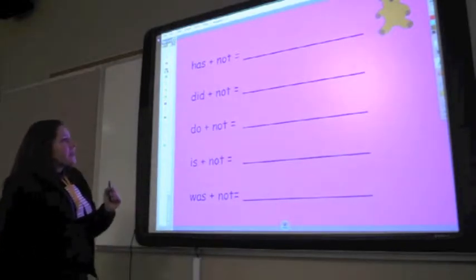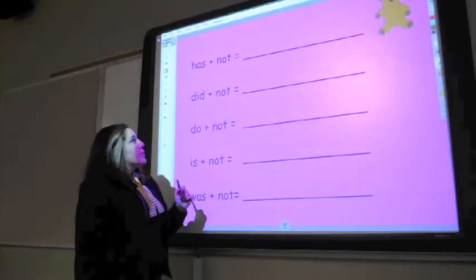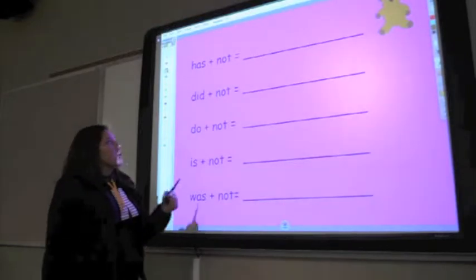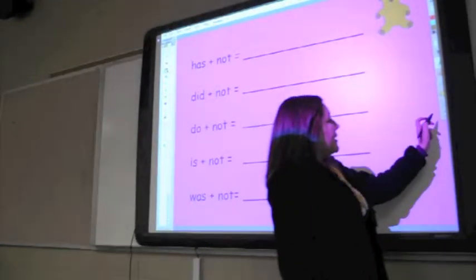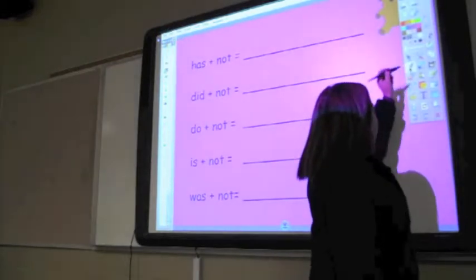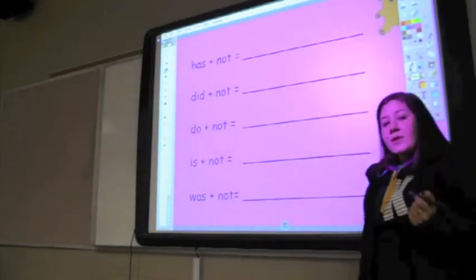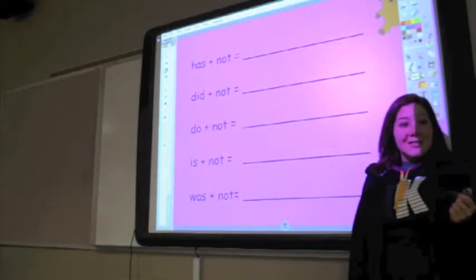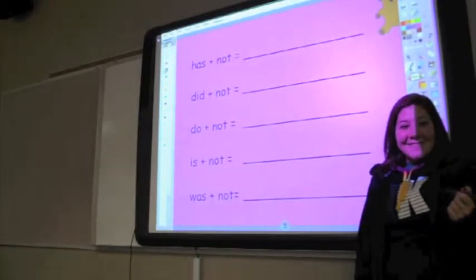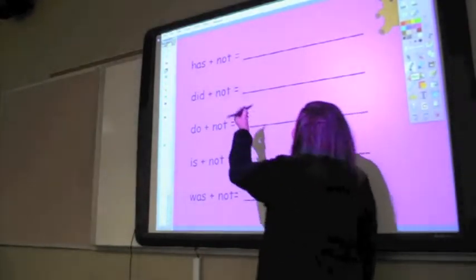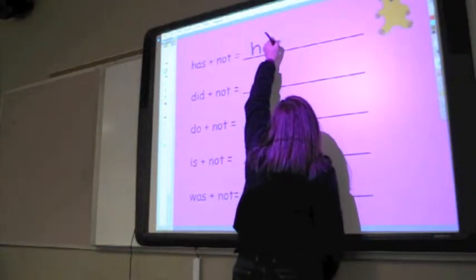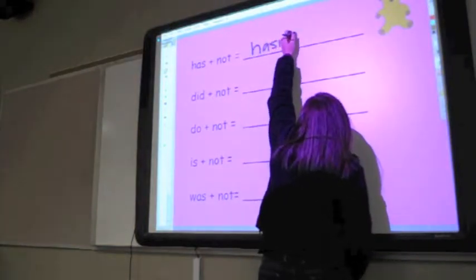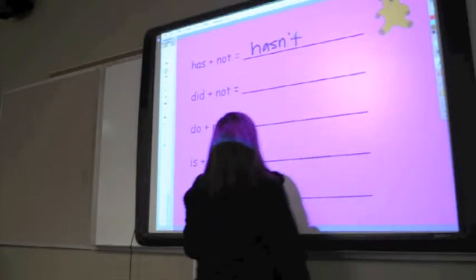Okay. So right now we're just going to go through and write the new word. So we have these two words, has not. Can anybody tell me what has not would be as a contraction? Hasn't. Good. So we're going to write has, and we're going to put the apostrophe where the O was, and then finish it.